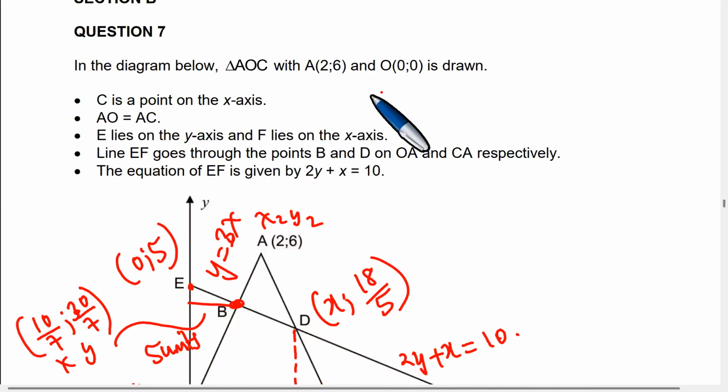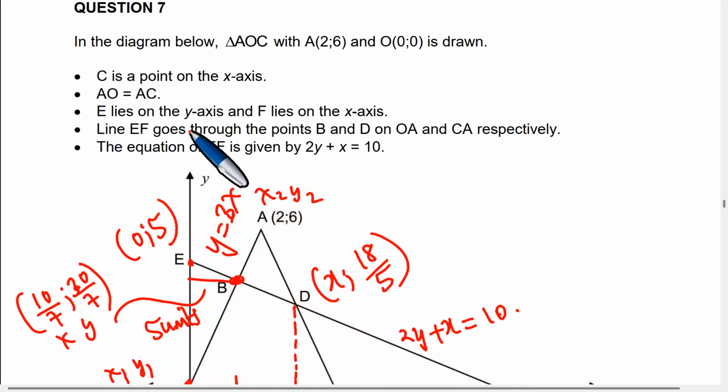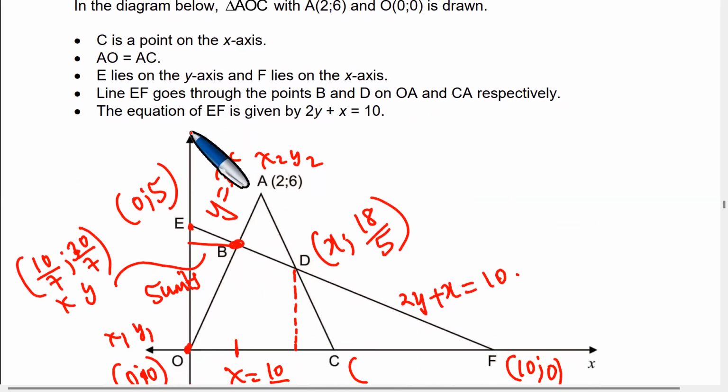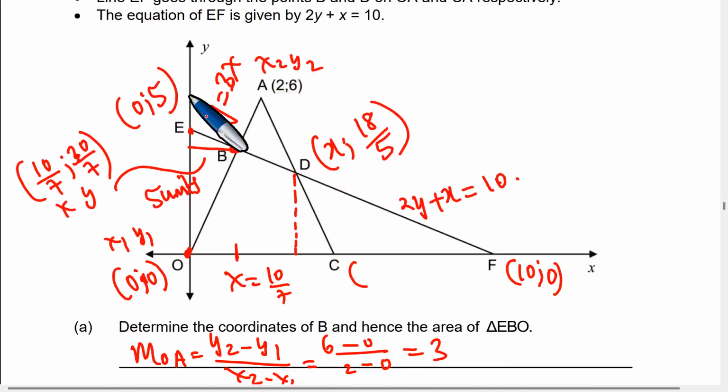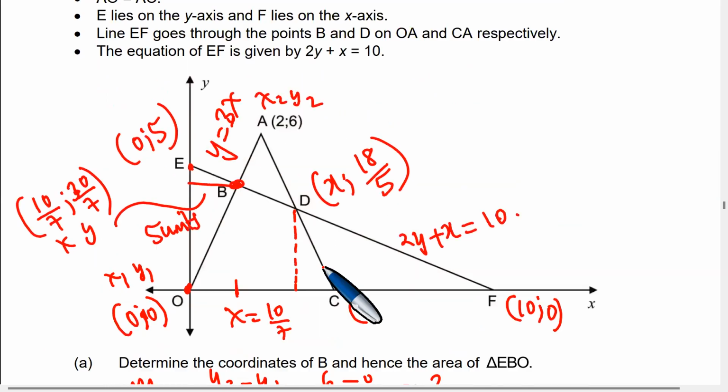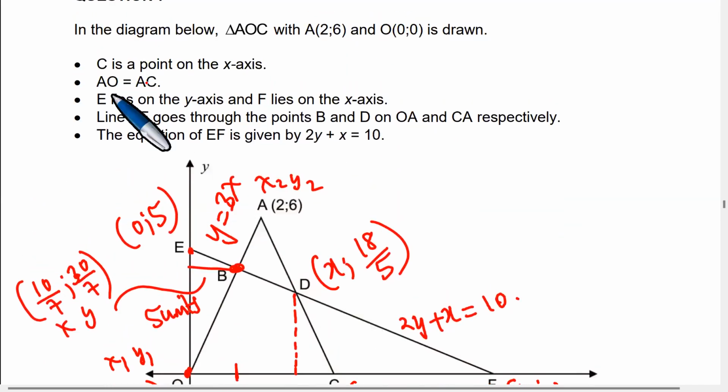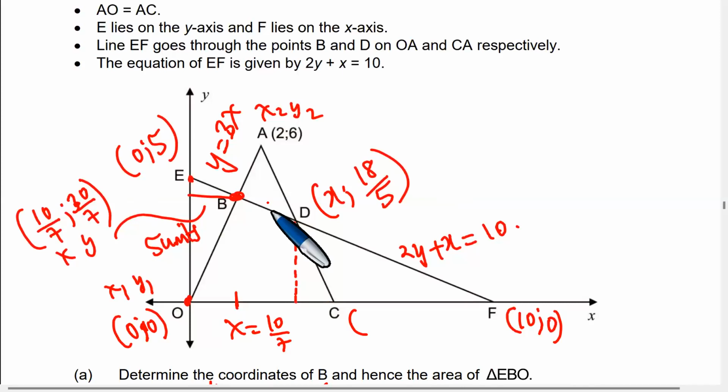The coordinates of A and the origin are given, and you also have that AO is AC. So this triangle is isosceles.